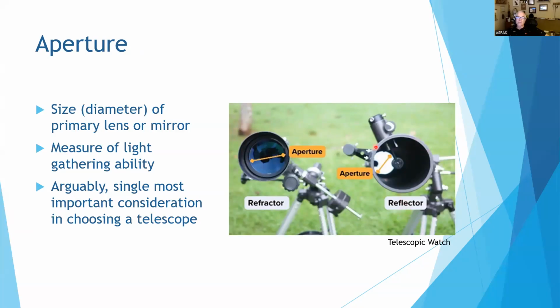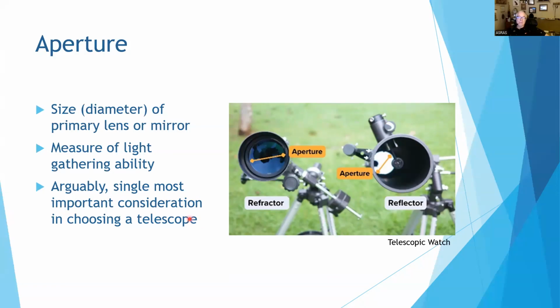So this is a Newtonian telescope, and the light is going straight down here, and this is the mirror at the far end of this reflector telescope, and the diameter of that mirror is the aperture of that telescope. This is the secondary mirror right here, reflecting light up through and out into the eyepiece and a viewer's eye.